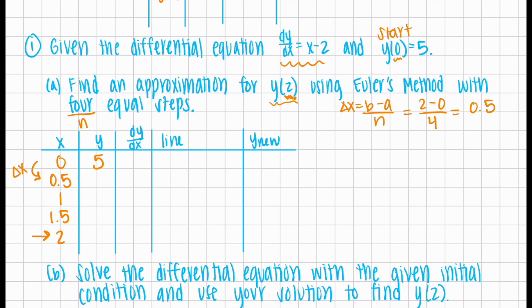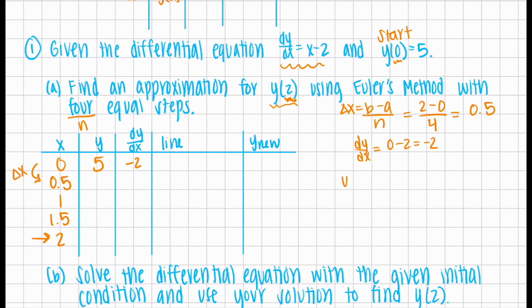So given x and y, we're going to figure out our dy/dx. Plug 0 and 5 into dy/dx. I'll show the work over here. That's going to be 0 minus 2, which is negative 2. And we're going to write an equation for a line. Now, lots of ways to do this.